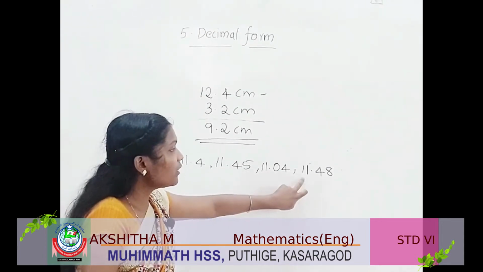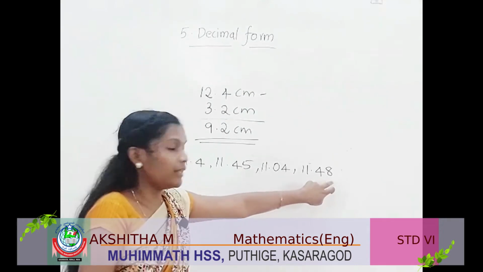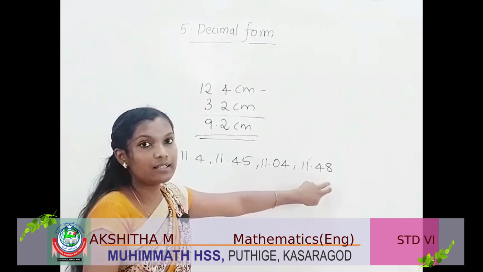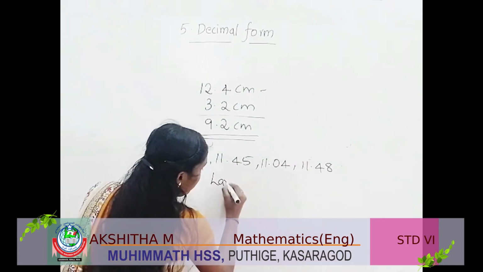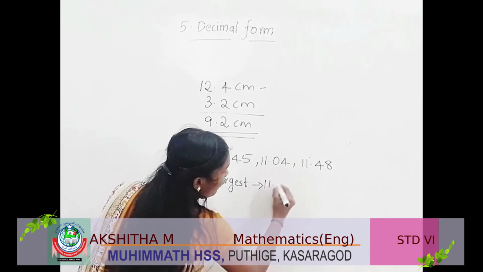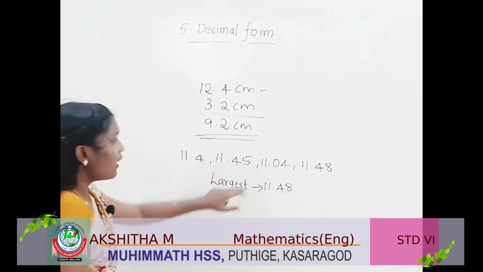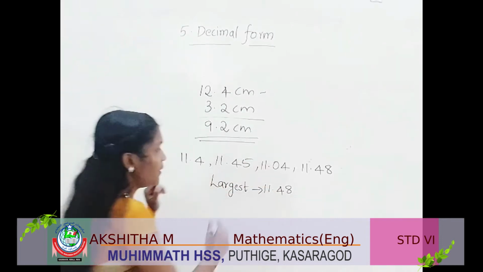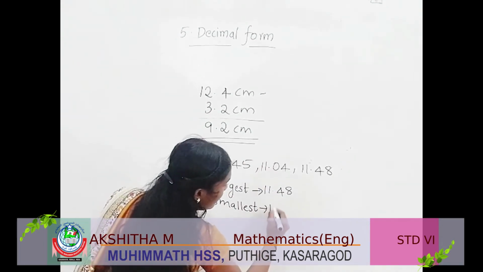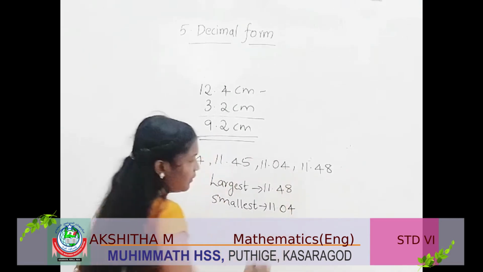Last one 11.48. So which is the largest here? 11.48 is the largest. Largest decimal number is 11.48 and the smallest decimal number is 11.04. Is it clear now?